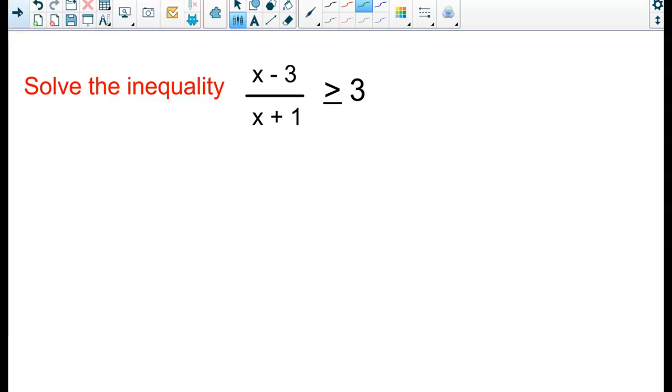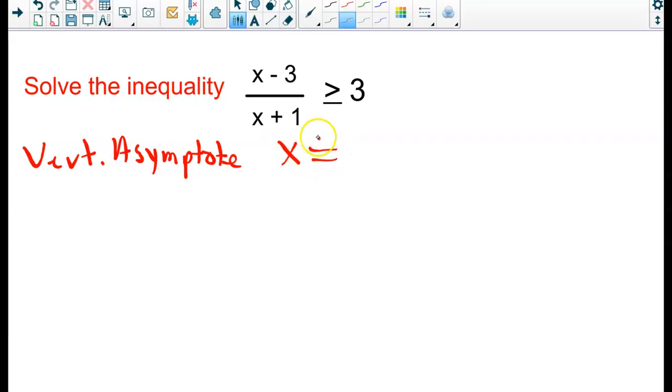Because I have a fraction on this one, I might have a horizontal asymptote. So let's take a look at this. I know that the denominator cannot be 0, so my vertical asymptote is x cannot equal -1, which is true on the bottom, right?